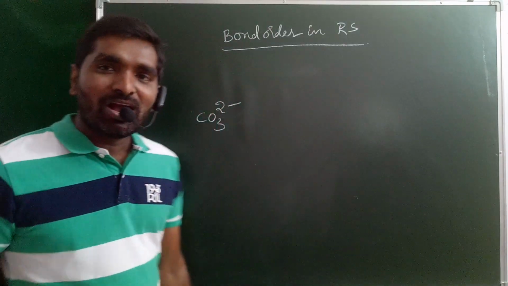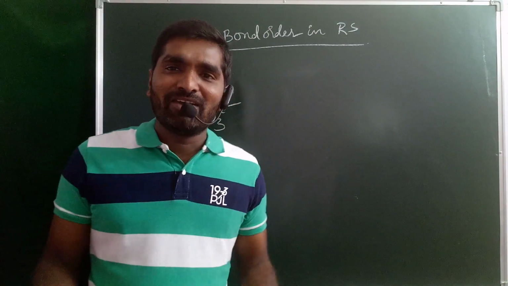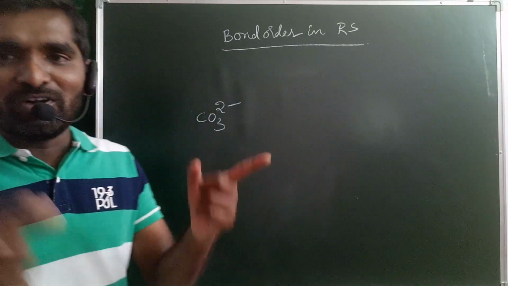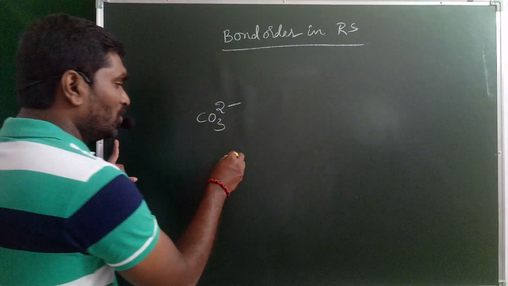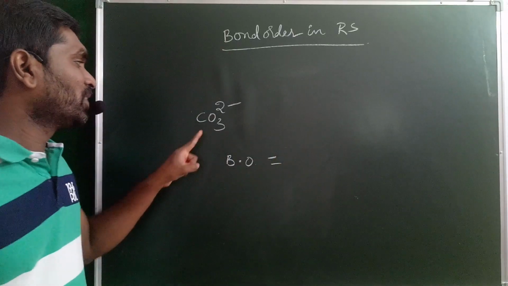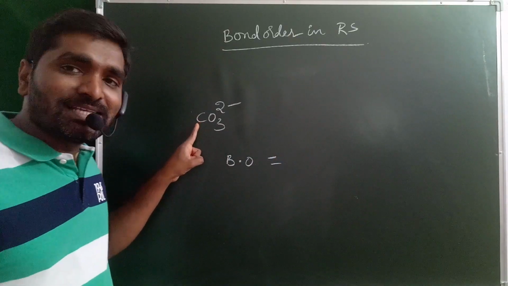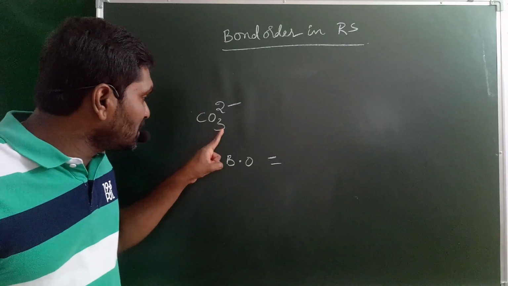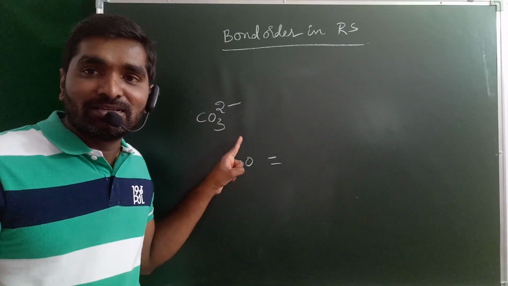So how do we find the bond order? I have a simple formula. Look at this one: carbon is the central atom and oxygen are the surrounding atoms.